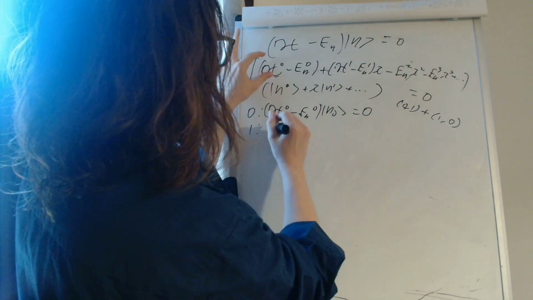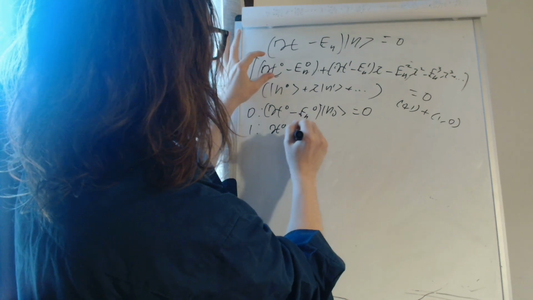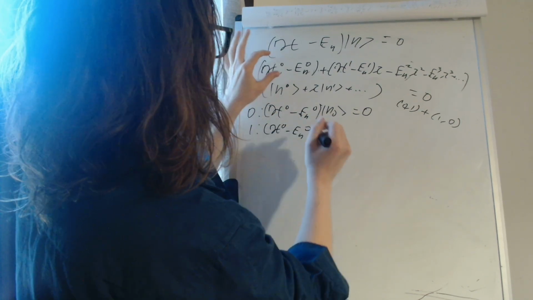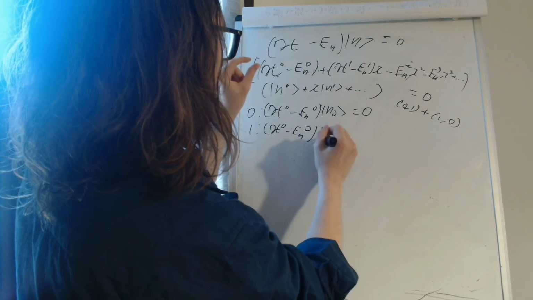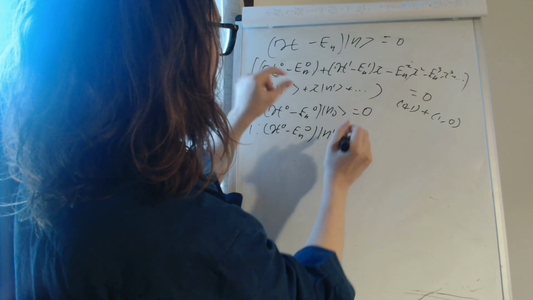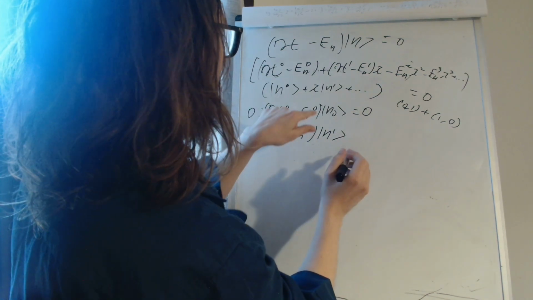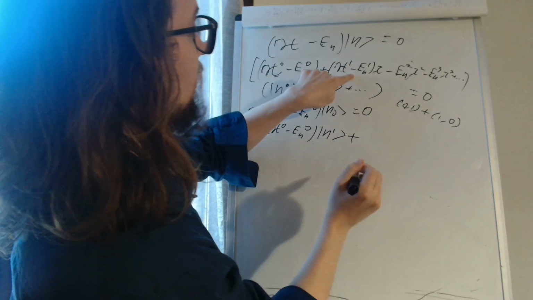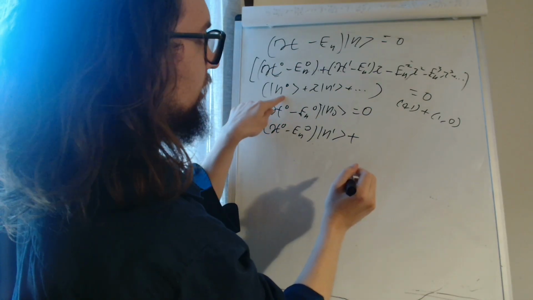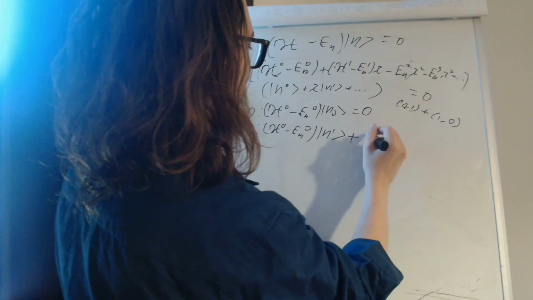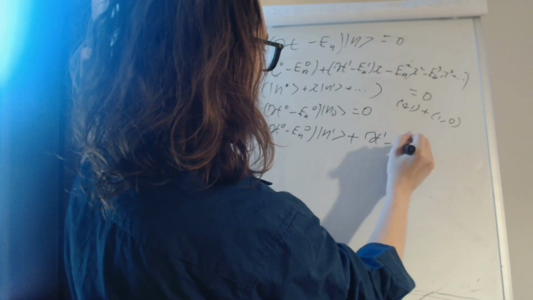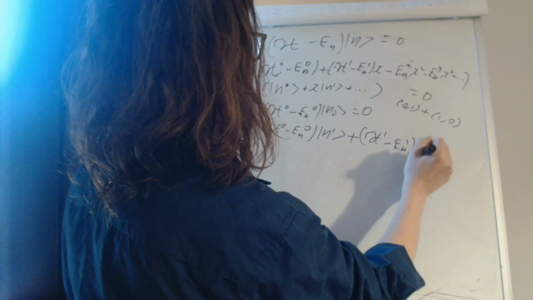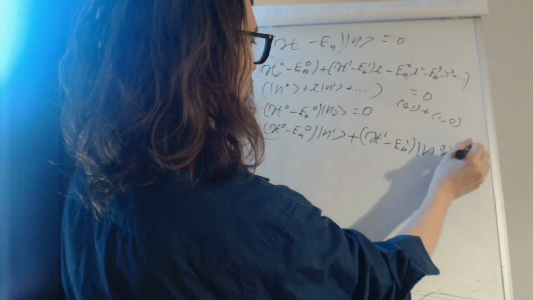So the 0 term is (H0 minus En0), times |n1>, plus the order 1 here and order 0 here, (H1 minus En1) times |n0>, and this equals 0.